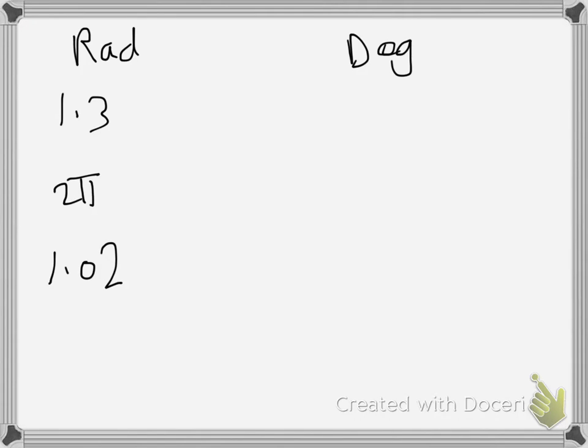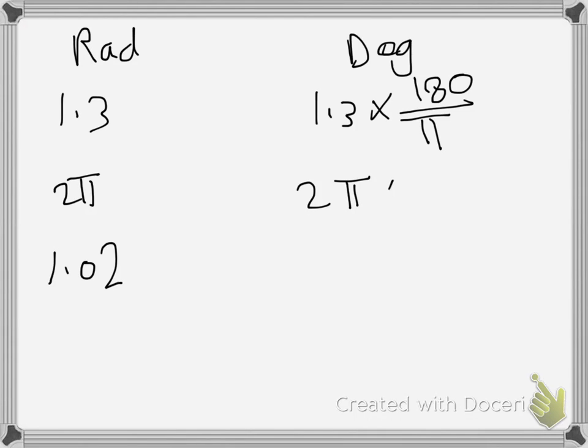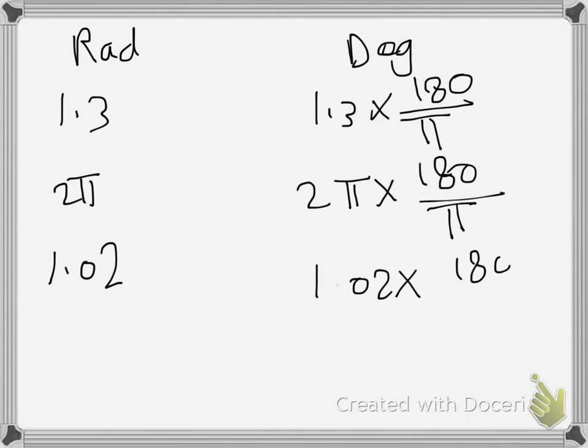So if I want to change it to degrees, I want to get rid of the pi in radians. That's why I will do 1.3 times 180 divided by pi. It's the same here: 2 pi times 180 divided by pi. And this one is 1.02 times 180 divided by pi.